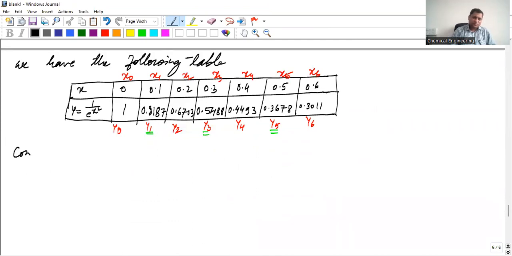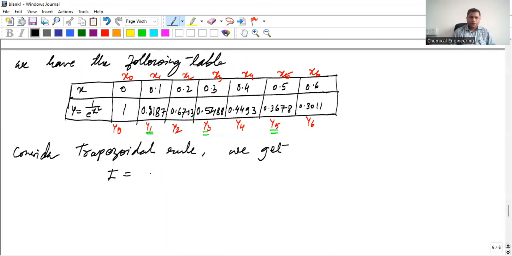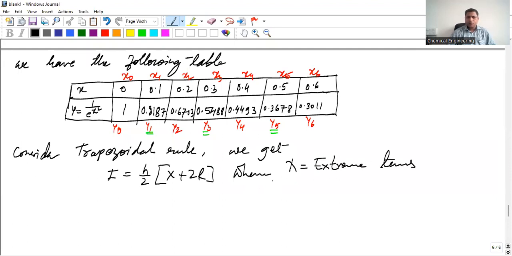Consider the trapezoidal rule: I is equal to h by 2 times (x plus 2r), where x is the extreme terms and r is the remaining all terms.